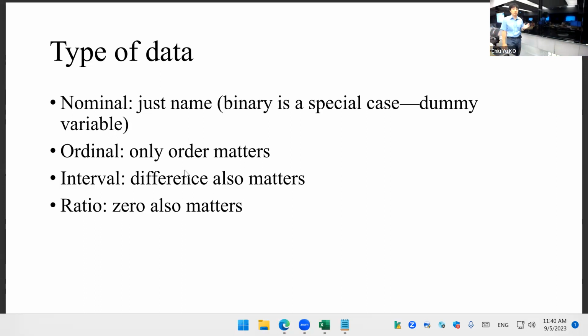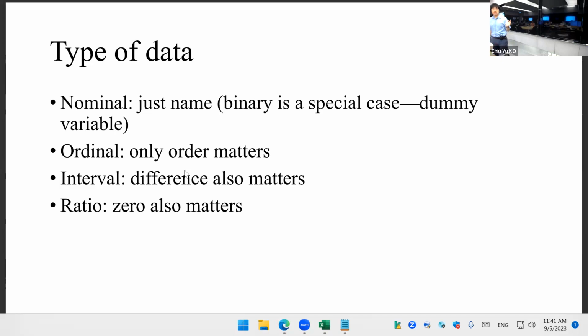The first one is called nominal. Nominal is just a name, just a category. For example, gender. Other examples are which school you're in, which province you are from, which location, which kind of food you like, whether you are married, whether you have a kid, and so on and so forth.